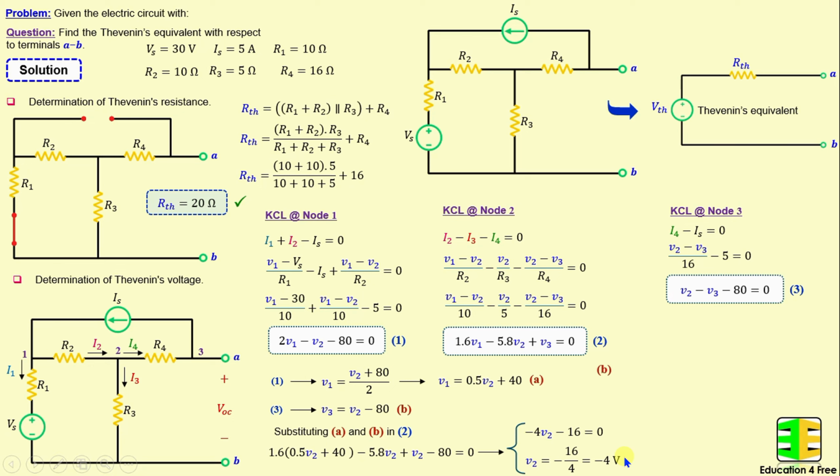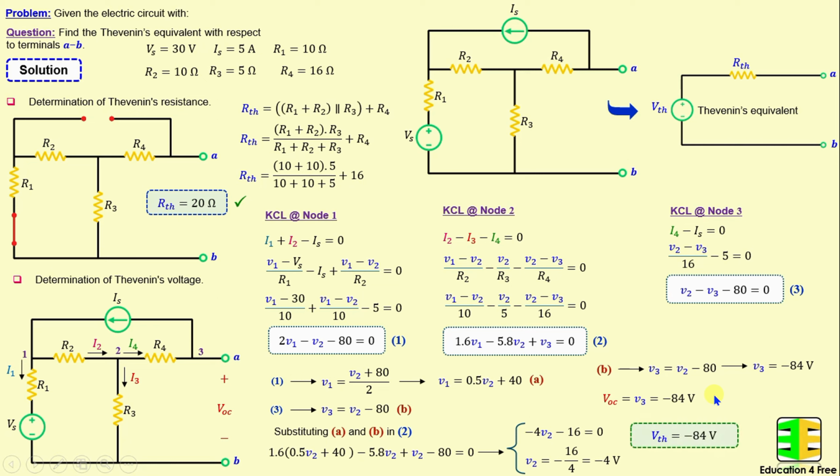And from equation B, we have V3 is equal to V2 minus 80. If we replace V2 with its numerical value, we obtain V3 is equal to negative 84 volt. And if we look here, VOC is equal to V3 is equal to negative 84 volt.